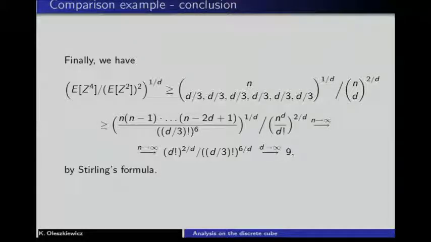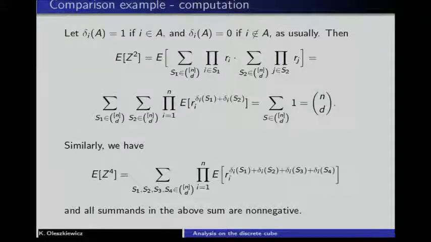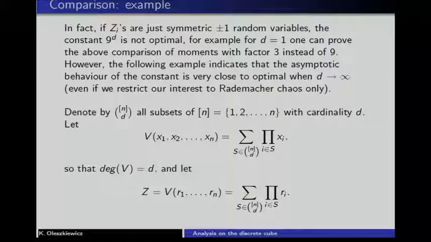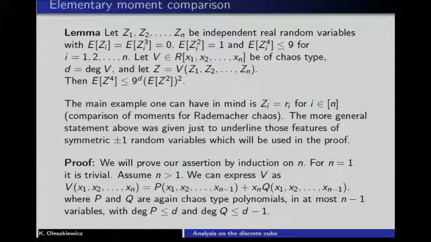So even for small d you can prove it with a slightly better constant, but asymptotic growth like 9 to the power d is optimal. In the slides there is a very simple example: you take all Walshes with degree d and sum them, and you can compute things directly. So there are simple examples showing that the speed of growth is optimal.